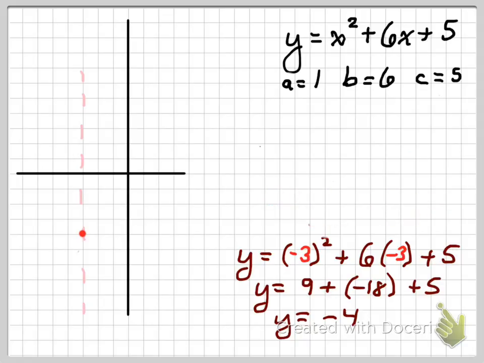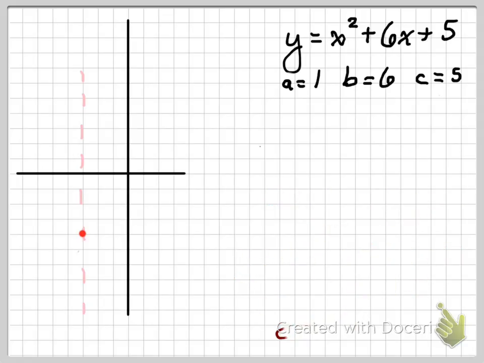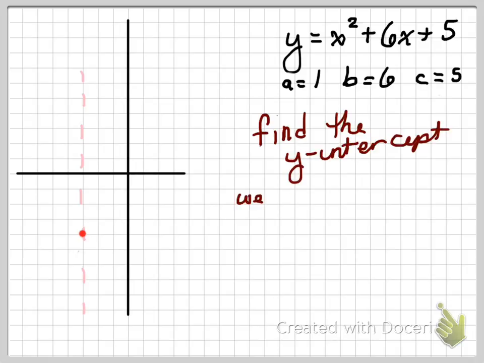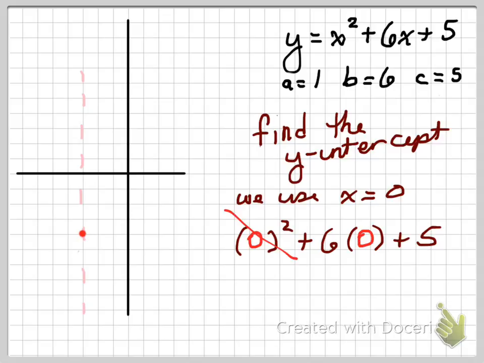The next thing we need to do is find the y-intercept. In order to do that, we had found that we use the point x equals 0. So again, we're going to write our quadratic, and we're going to plug in 0 for our x value.